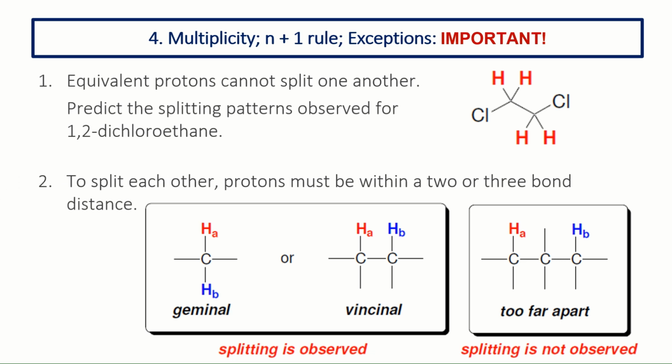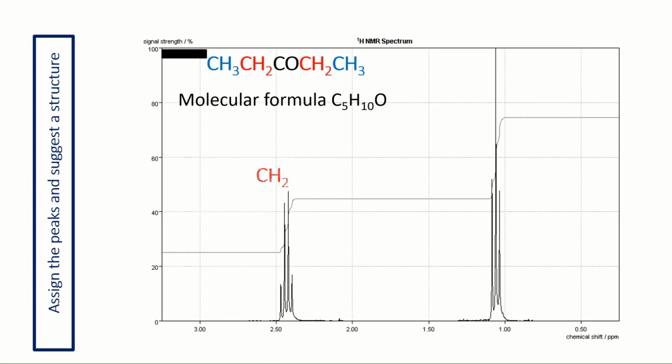You have to have coupling next door to each other, geminal or vicinal splitting. And if there are 3 bonds separating them, or 3 carbons separating them, then you do not observe coupling.